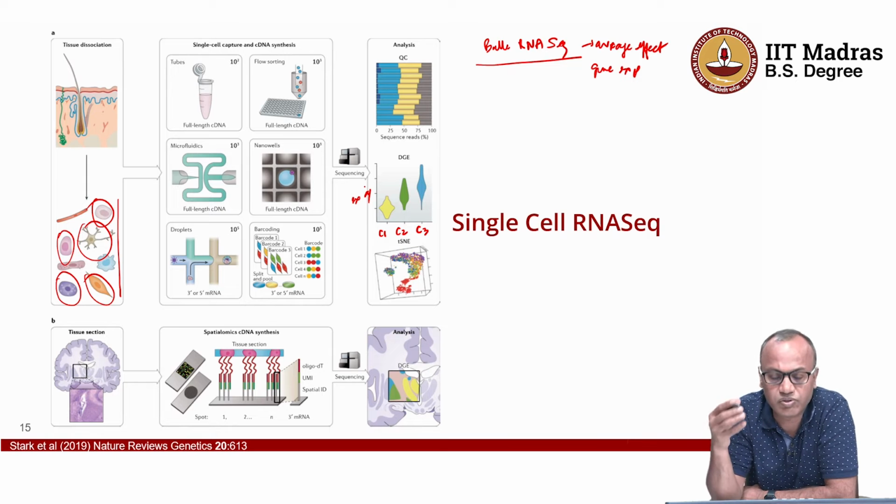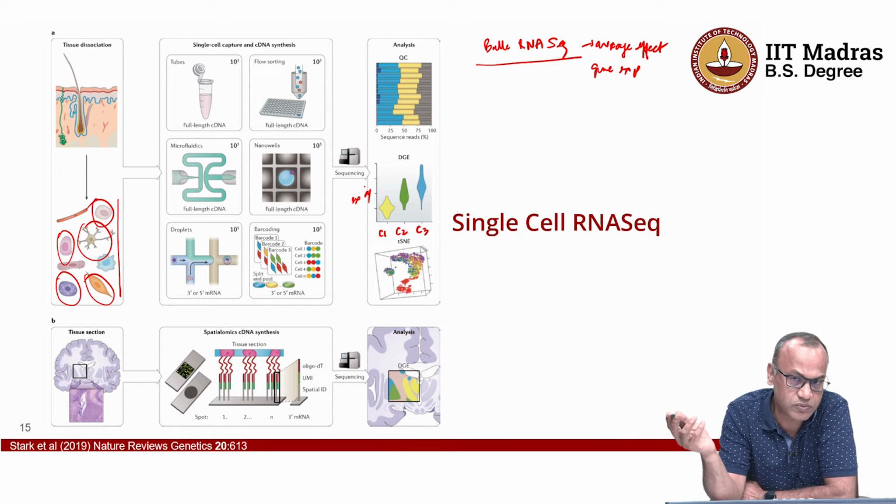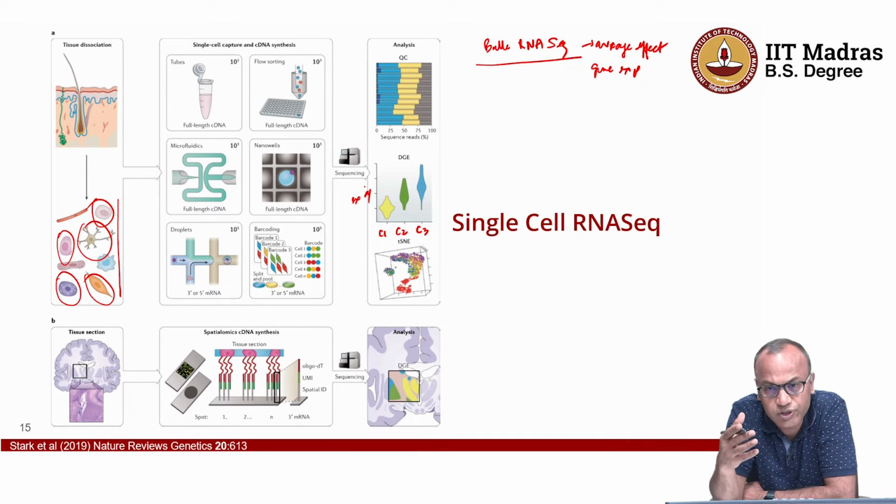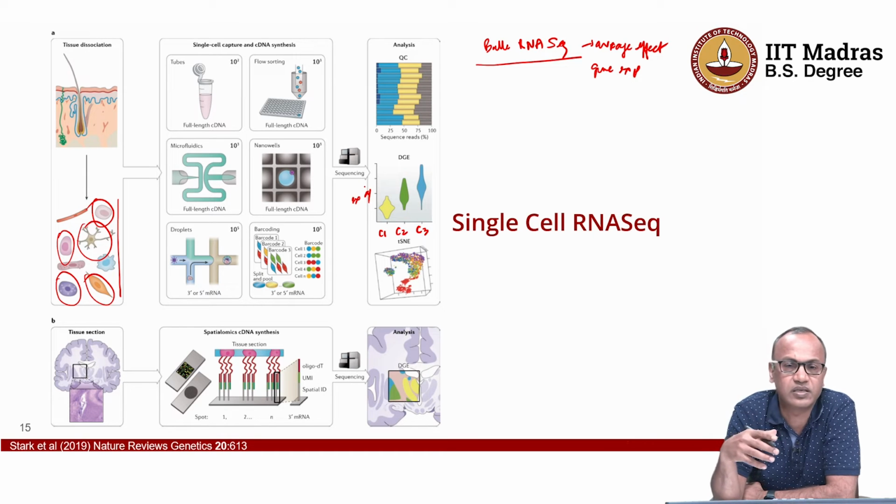Even at each individual gene level, there could be a significant difference between the cell types, which would mean that in a tissue, a particular cell has higher expression of a particular gene, whereas in the same tissue, other cell types have lower expression.